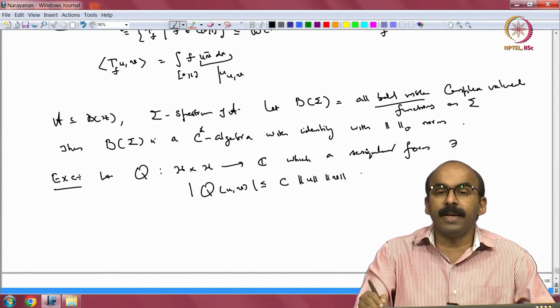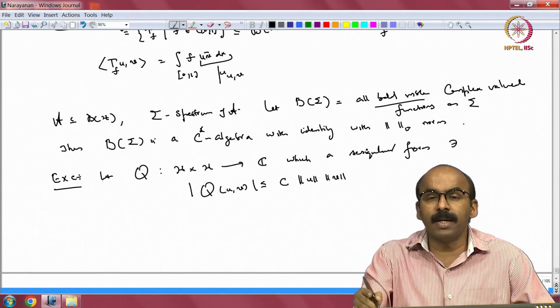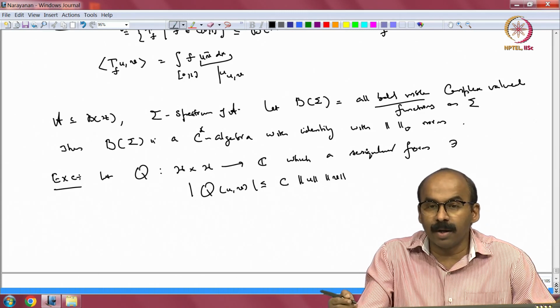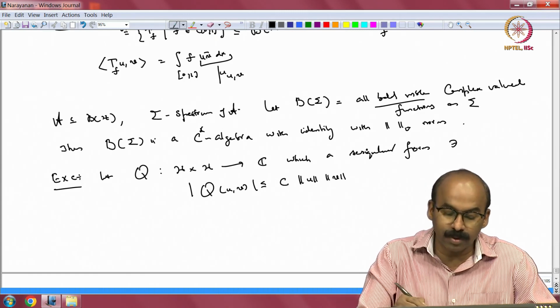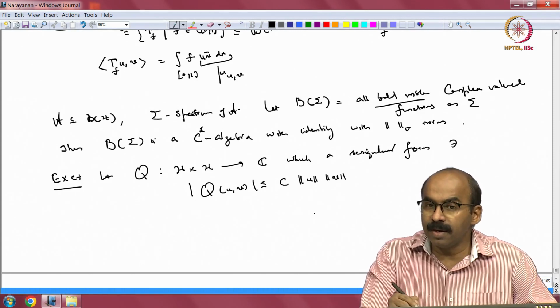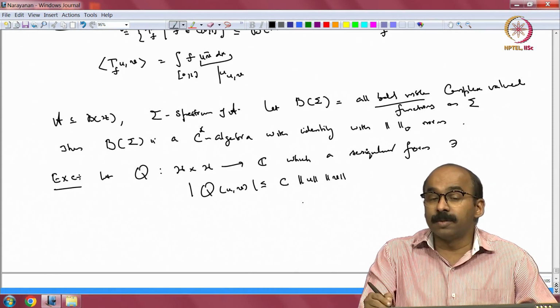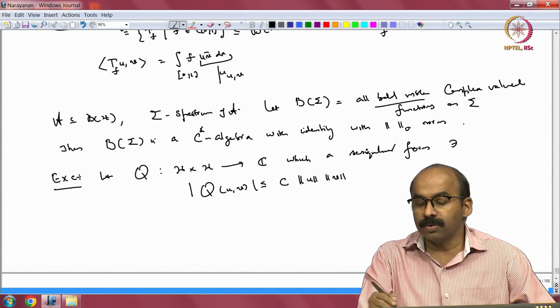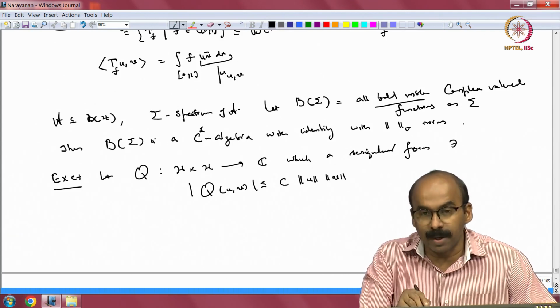Okay. So, it is like a bilinear form, except that in the second variable it is antilinear. So, when I put an alpha, an alpha bar comes out, right. So, it is linear in u, antilinear in v, and it has this property that the modulus is less than or equal to the constant times the norms. So, that is like a continuity property, right.